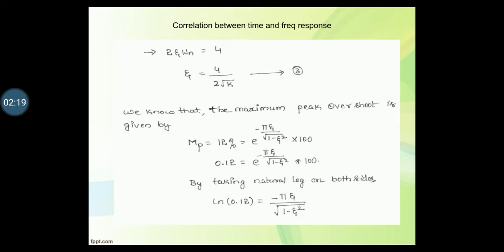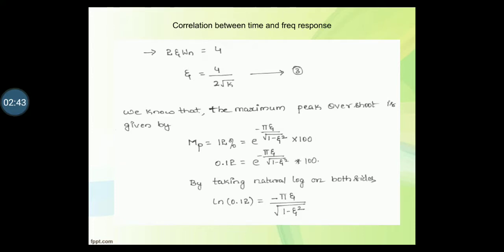Now we know that the maximum peak overshoot given is 12%. So we have MP is equal to e raised to minus pi damping ratio by root of 1 minus damping square into 100. So 0.12 is equal to e raised to minus pi damping ratio by root of 1 minus damping square. So we'll take natural log on both sides.